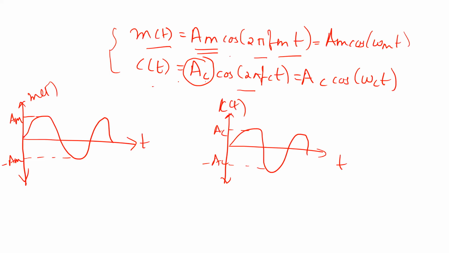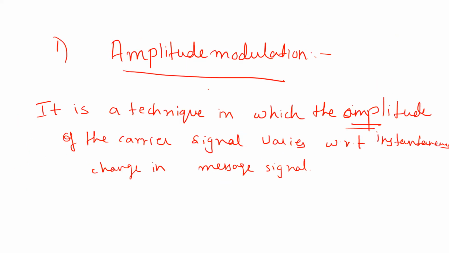So Ac can be told directly proportional to m(t). Wait, why is that? Ac can be directly proportional to carrier. No, see what I'm saying. The amplitude of the carrier signal varies with the instantaneous message signal.